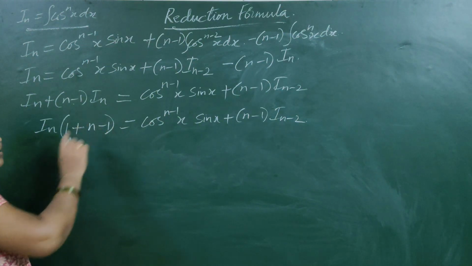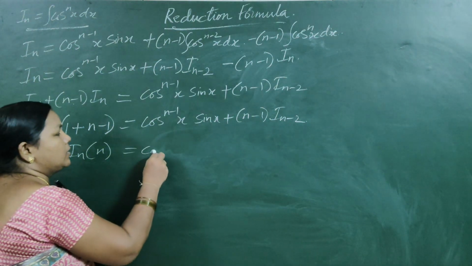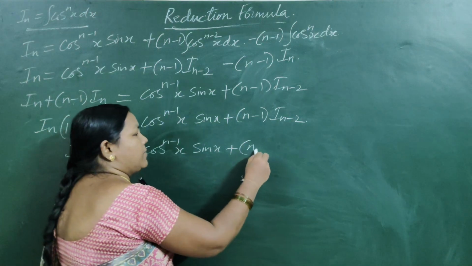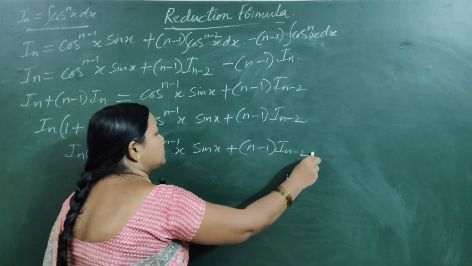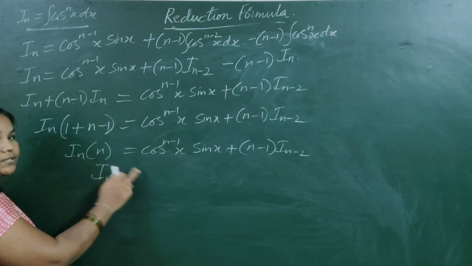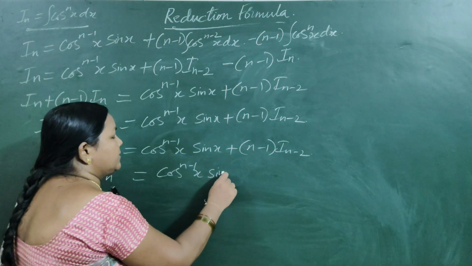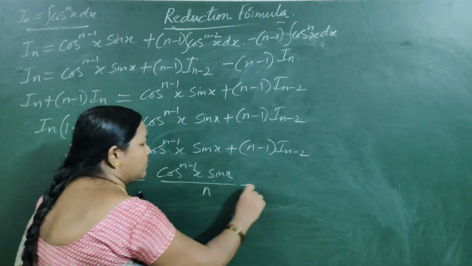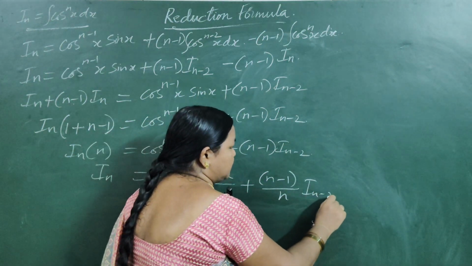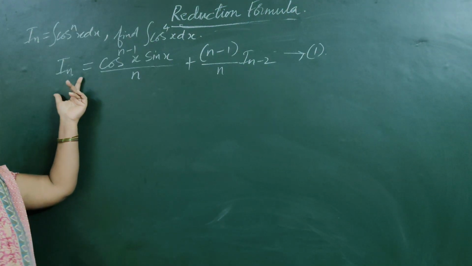Here plus 1 and minus 1 will get cancelled and the remaining term is n. I n equal to cos n minus 1 x sin x plus n minus 1 into I n minus 2. When we transpose this n to the right hand side, it becomes division. That is cos n minus 1 x sin x divided by n plus n minus 1 by n I n minus 2. This is the formula, here we got the value of I n.